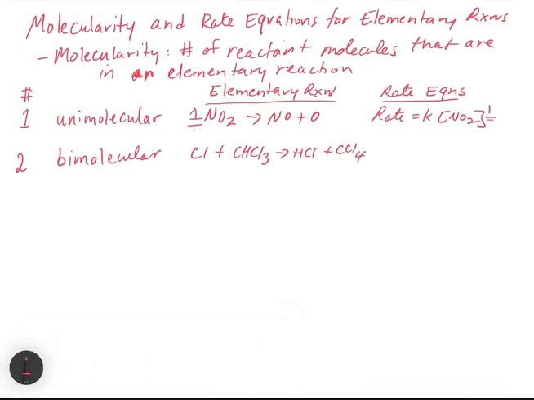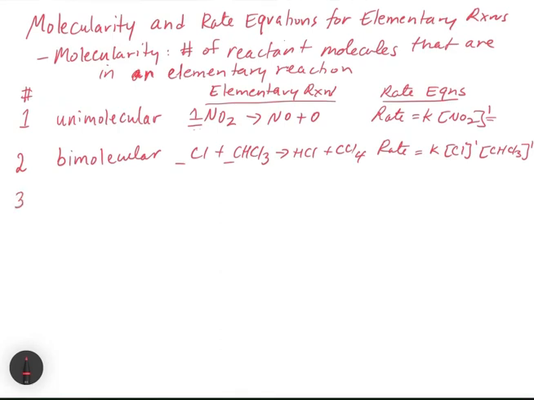And so for this one, because this is an elementary reaction and we know that one Cl is reacting with one CHCl3, we can say that the rate in this case is going to be dependent upon K times the concentration of Cl to the 1 times the concentration of CHCl3 to the 1. And I'm getting that from the stoichiometry here. But only because this is an elementary reaction.